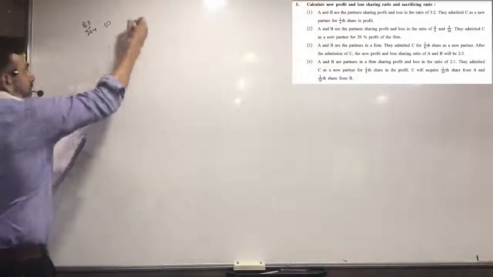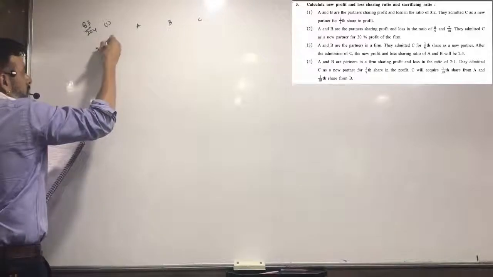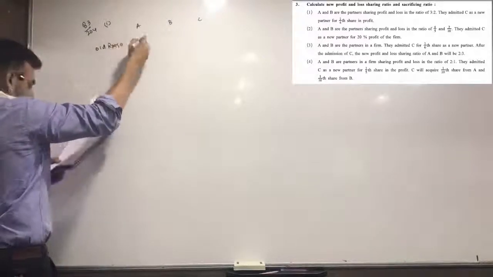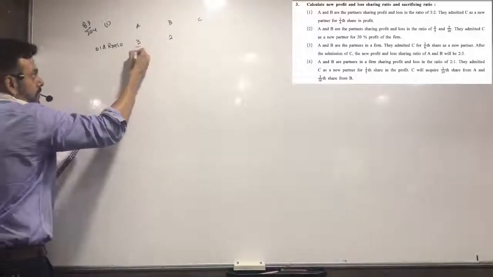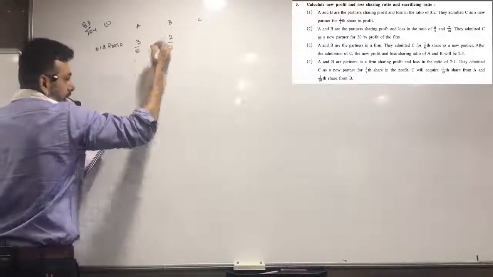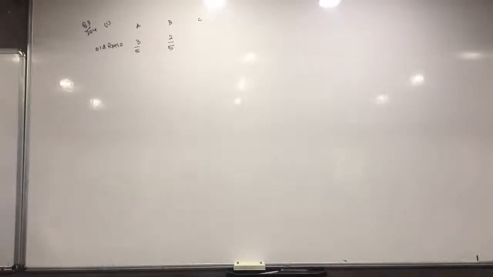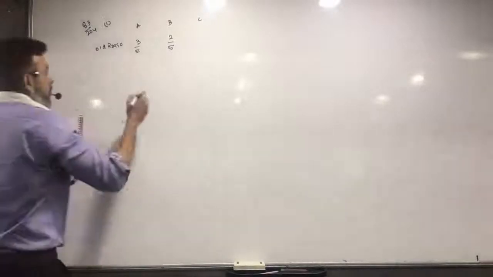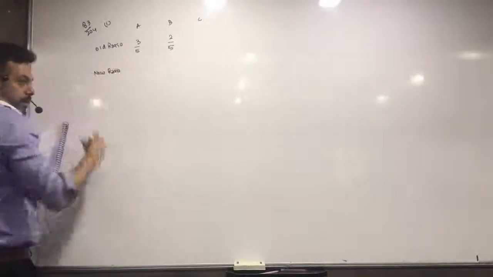First, let's write A, B and C. Old ratio 3:2, यानी क्या 3/5 and 2/5. Any doubt? पता चल गया सबको कैसा है? 3:2 में 3/5 and 2/5. Okay. Now new ratio is what we have to find out.